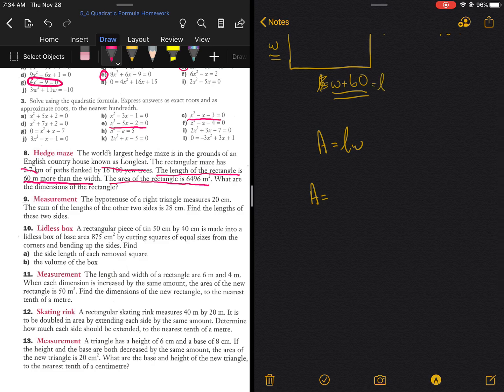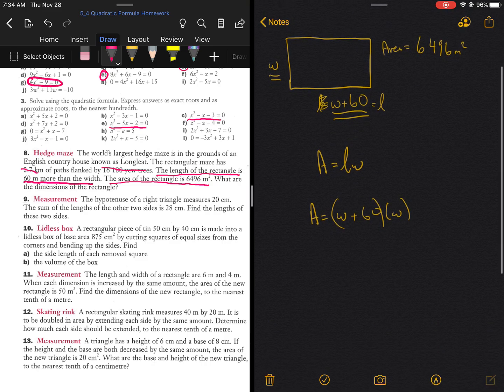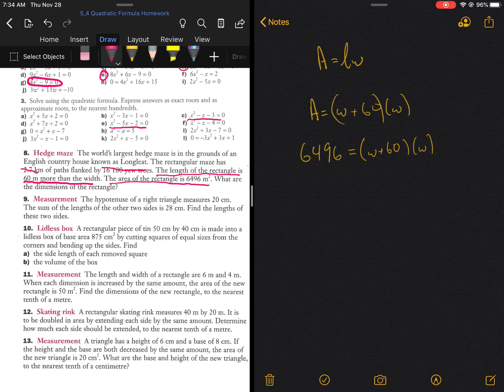Well, we know that area equals length times width, so area is equal to L, which is W plus 60, times W. And we also know that the area is 6,496, so 6,496 equals W plus 60 times W. That's your setup.